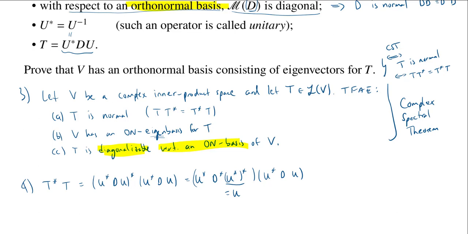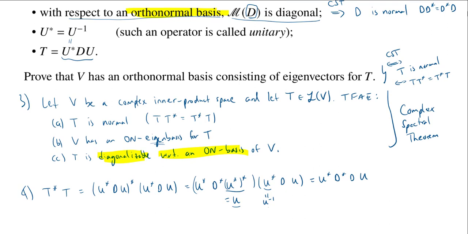Now let's take a peek here. I notice I have U and U star adjacent to each other, and U star is equal to U inverse. U inverse is the identity. That's just going to go away. So I'm going to get U star D, and then a U. These middle U and U star, or U and U inverse, go away. But now I know that D is normal.